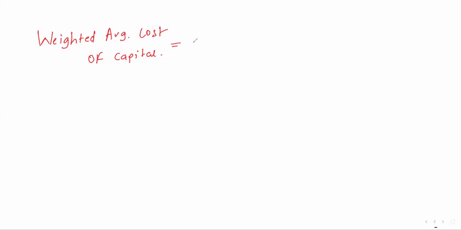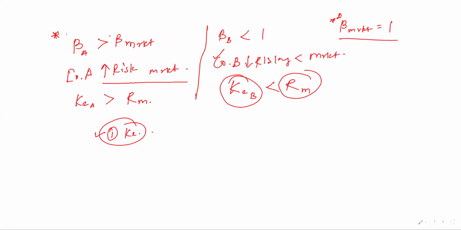The formula for weighted average cost of capital is weight of equity into cost of equity plus weight of debt into cost of debt. That is weighted average cost of capital. Now, in the last point, we simply discussed on the given logic that higher the risk, higher the return.